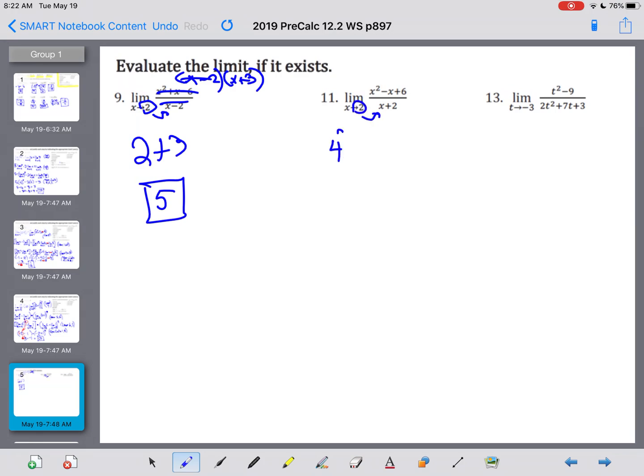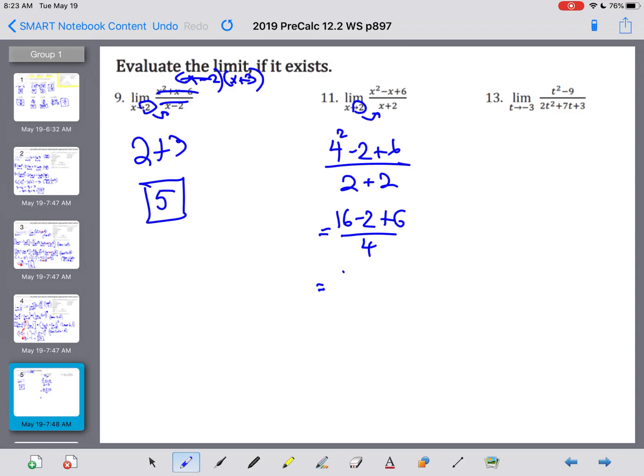So I'm going to get 4 squared minus 2 plus 6 over 4 plus, oh, excuse me, 2 plus 2. So on the top, I get 16 minus 2 plus 6. Bottom, I get 4.